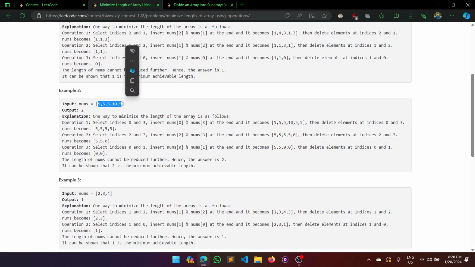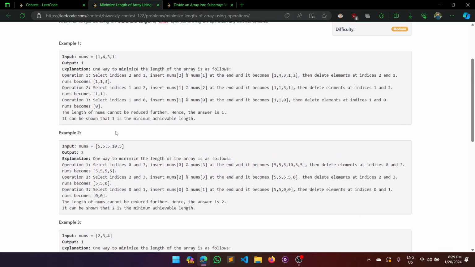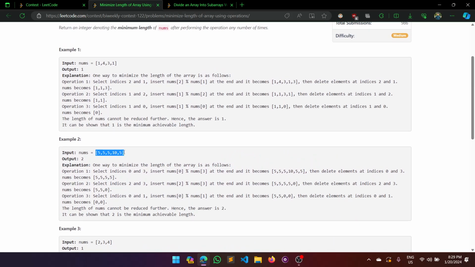No, I'm so wrong. The smallest number here is 5.